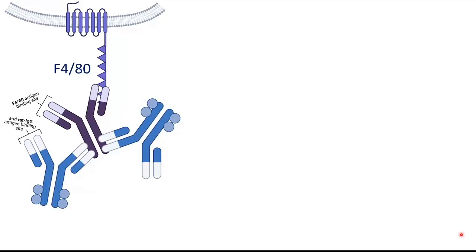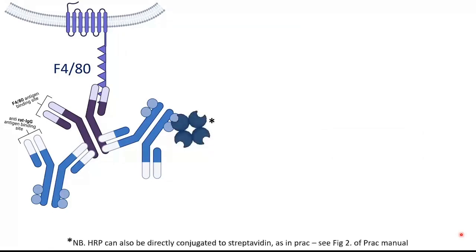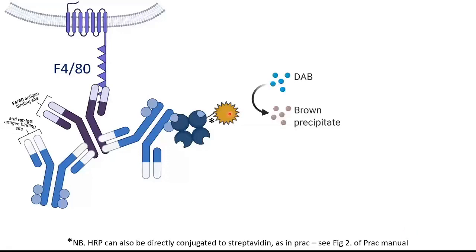And then we have these biotin molecules, but the biotin isn't visible to us. We need to add a molecule called streptavidin, which binds biotin. Then we add a biotin horseradish peroxidase conjugate. The horseradish peroxidase is really important because it's what causes a color change when we add DAB. So DAB in the presence of HRP will become a brown precipitate.